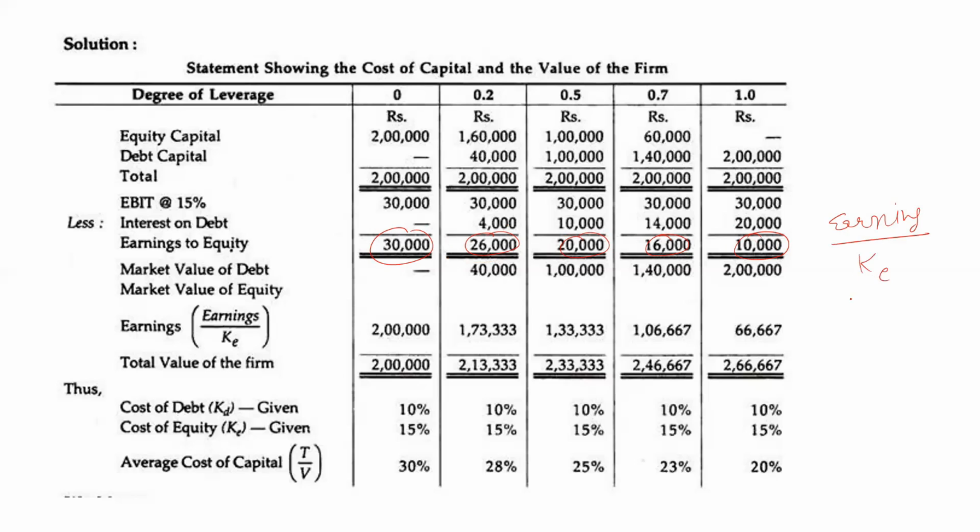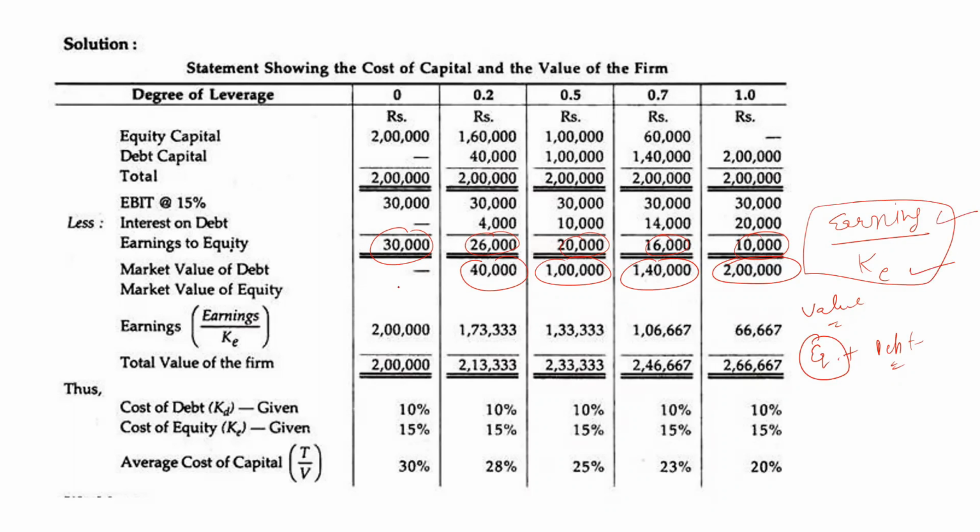So what shall be the value of the firm? The value of the firm is equal to the value of equity capital plus the value of debentures. The debentures are 40,000, 1 lakh, 1,40,000, and 2 lakhs. But the value of equity can be found with the specific formula: earnings divided by cost of capital.